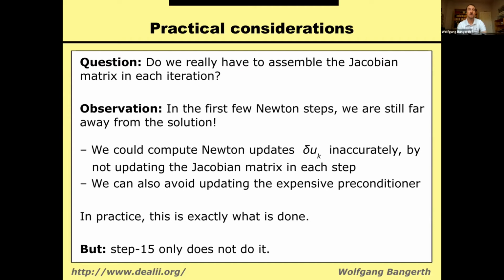Maybe we can get away with not computing the matrix and the preconditioner in every step, but only doing it every once in a while. Again, you need some sort of rule that tells you how often to do this, maybe every 5th iteration, or every 7th, or every 2nd. There needs to be some criterion that decides whether you want to recompute the Jacobian and update the preconditioner. That's also what big practical codes really do, but step 15 does not.